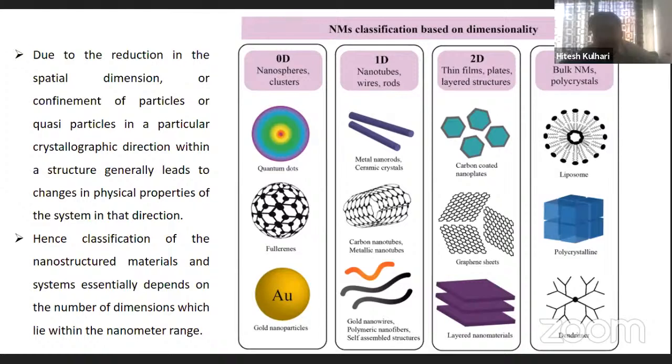And this dimension, 0D, 1D, 2D or 3D, generally depends on how many dimensions those materials have in the nanoscale. For example, the nanotube, you can see it is a long tube. The size in this dimension will not be in the nanoscale, it will be in the micrometer or it may be in the millimeter also.